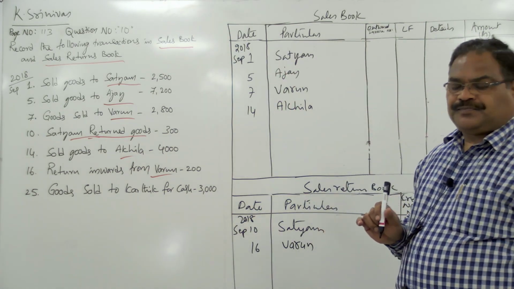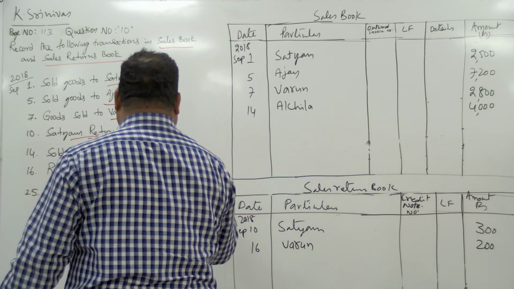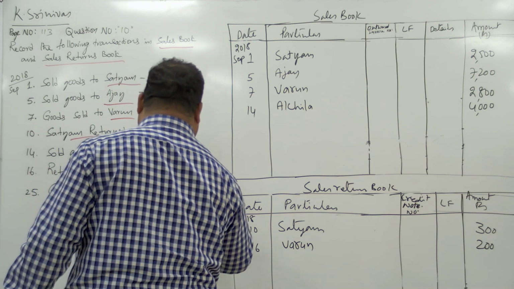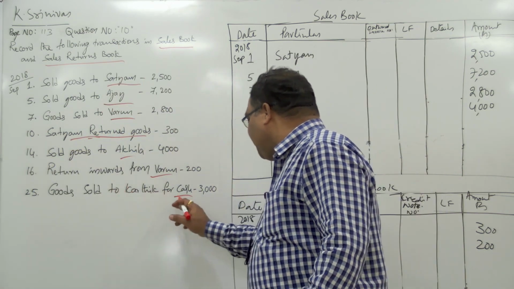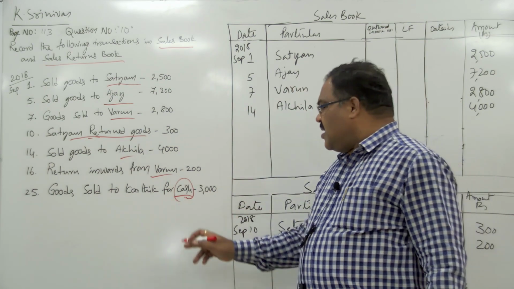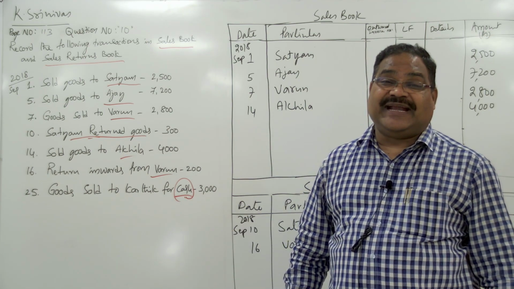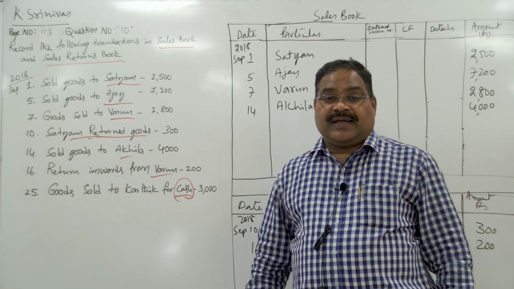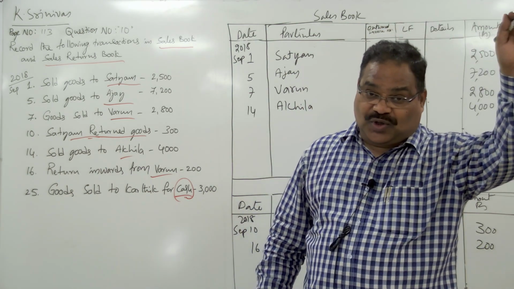Next. Sold goods to Karthik for cash. We should try to understand here. A cash transaction should be eliminated here. A cash transaction should be taken in the cash book.